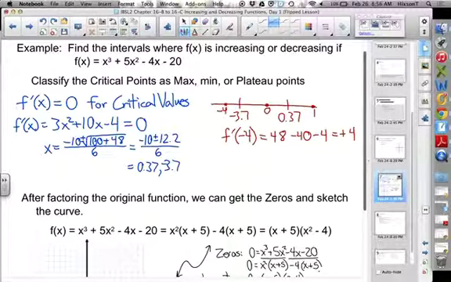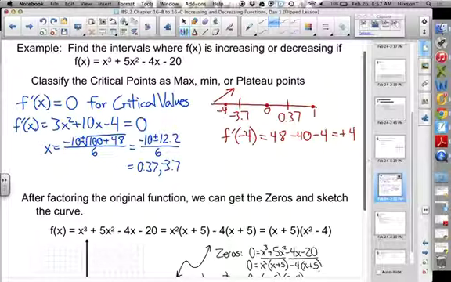Since my derivative is positive here, I know that my function is going to be increasing in that interval, because we got a positive slope for our tangent line. Okay? And if one of the points has a positive slope for the tangent line, then everything in that interval up to the critical value is going to have a positive slope.